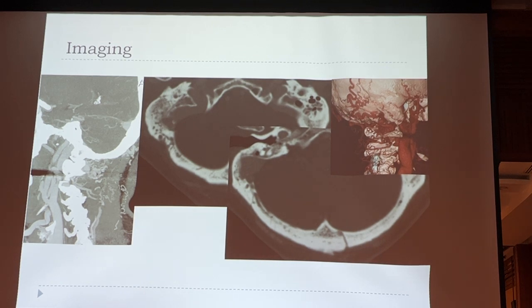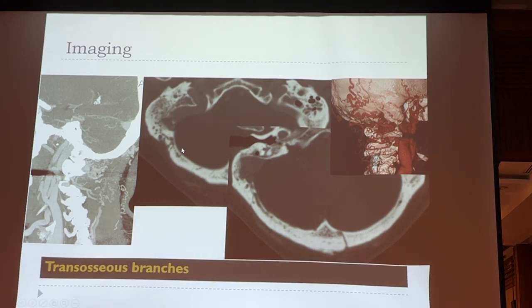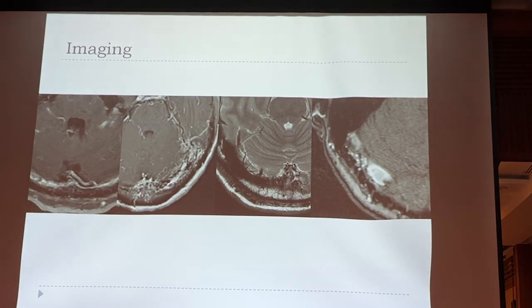You may be able to see on your bone window transosseous branches. You can see here a cluster of abnormal vessels, and then you see that these vessels don't stay out there, they go inside through these transosseous channels. So look for transosseous branches in dural arteriovenous fistula.